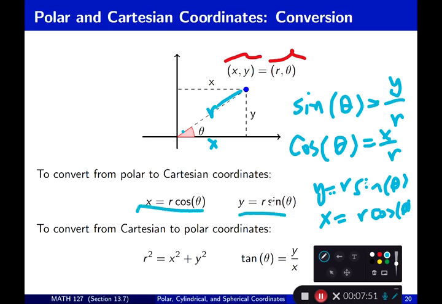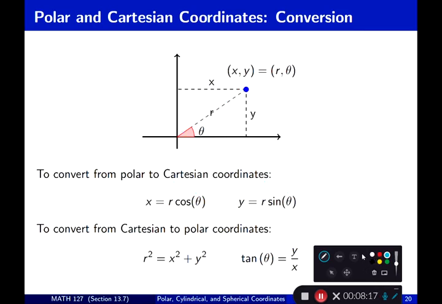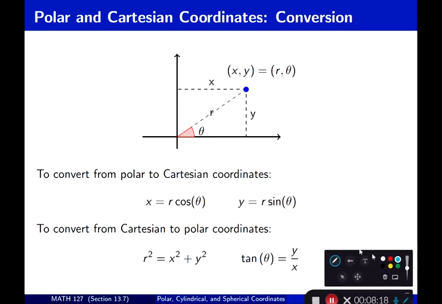This is a formula that you can use to convert polar to Cartesian coordinates. If I give you polar right here, you can get the Cartesian values over there. So the inputs are r and theta, and the outputs are x and y. How about the other way around?